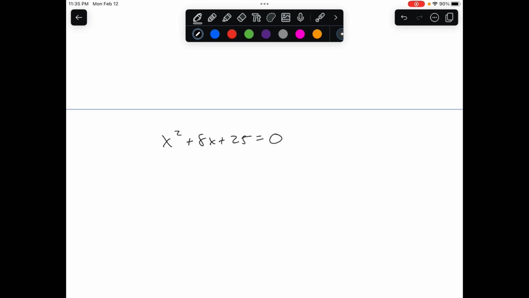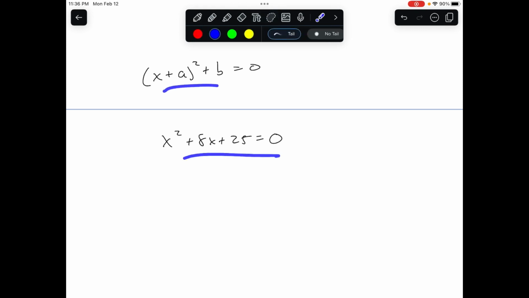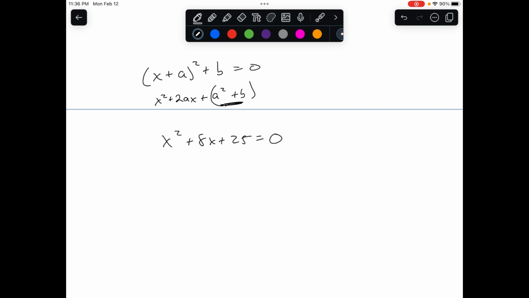Okay, so completing the square is when you have something like x plus a squared plus b equals 0. So we want to put this into this form. If you expand this out, it's x squared plus 2ax plus a squared, and then the remaining terms make up your constant.